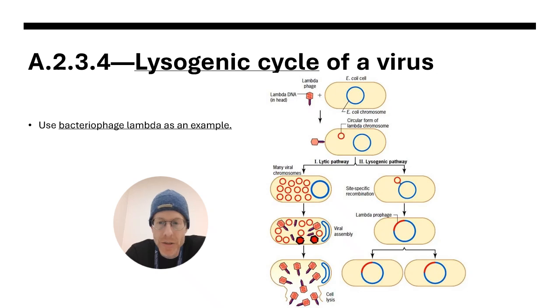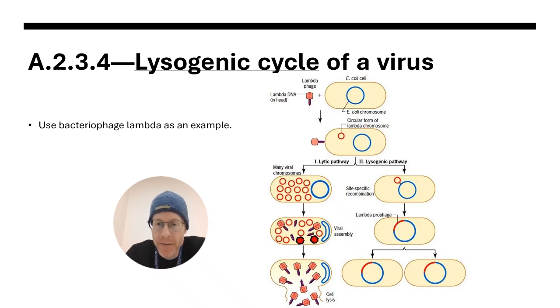That often happens when times are bad, for example, if the bacteria are exposed to UV light or a sudden change in their chemical environment. When that happens, the viral DNA will be cut out, will remove itself from the bacterial genome, and then it will be used to make viral proteins, which are assembled into viruses, which then break out of the cell again. So that's the lytic cycle.